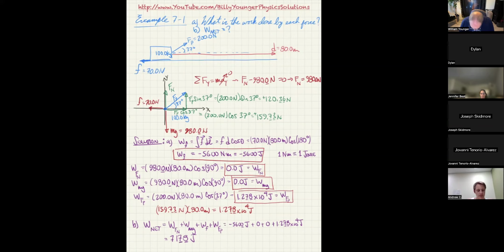It turns out that you only have 2 sig figs. You're going to have to call that 7.2 times 10 to the third joules, and that's equal to W net. Any questions on that one?